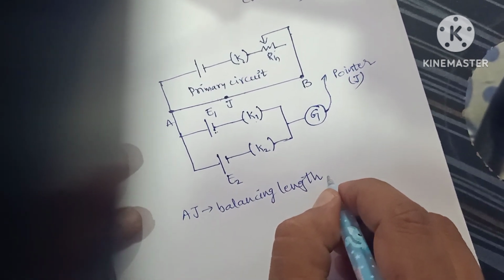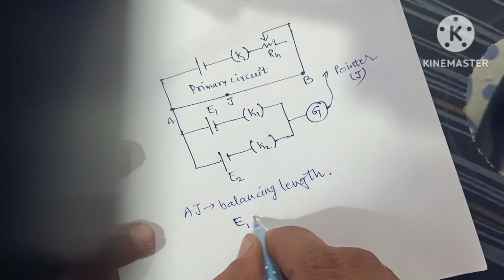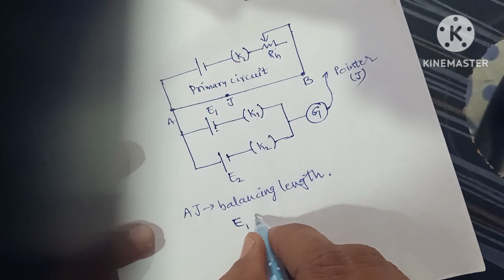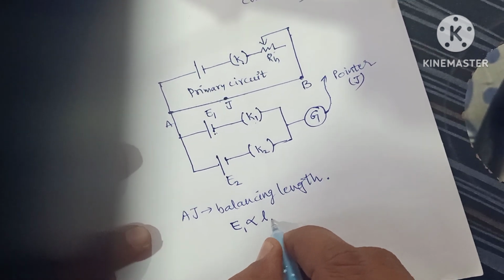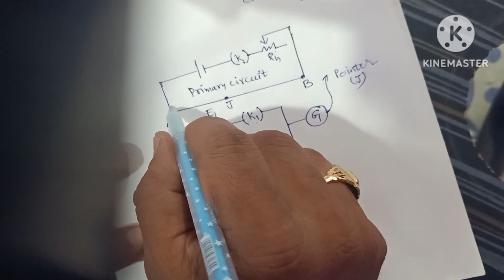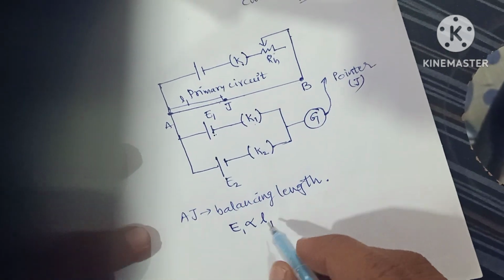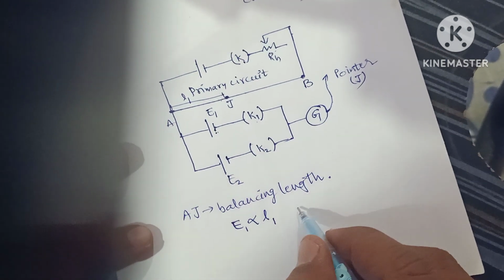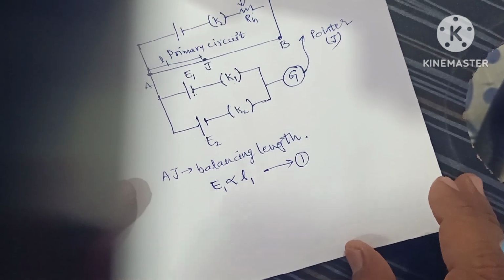According to the principle of potentiometer, this potential difference is directly proportional to the length L1, which is from A to J. So E1 is proportional to L1, which is considered as equation 1.